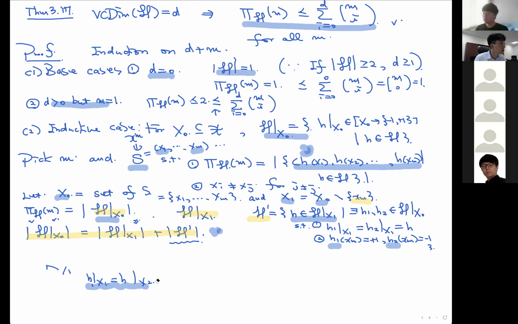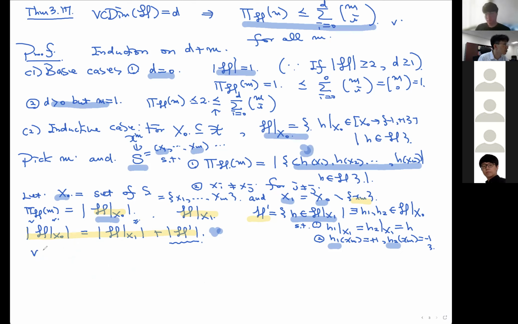And the other important bit in this construction is that now we have h prime, h restricted to x1, and h restricted to x0. They are all, in some sense, hypothesis sets, so we can talk about VC dimension.